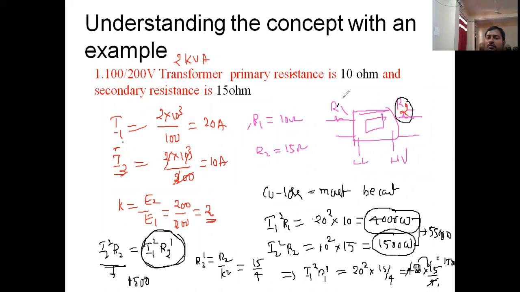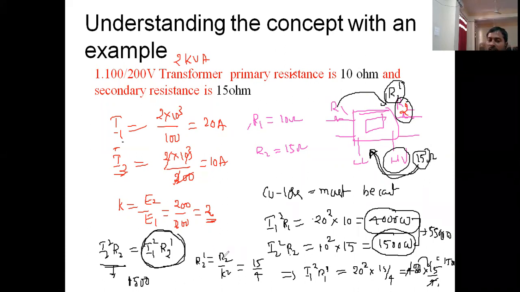Even if you shift this R1 to the secondary side, that becomes R1 dash, the total losses will be constant. Look at this one. The secondary side HV resistance is 15 ohms. If you change HV to LV, which has a low cross section area, the resistance must decrease, so it becomes 15 by 4.